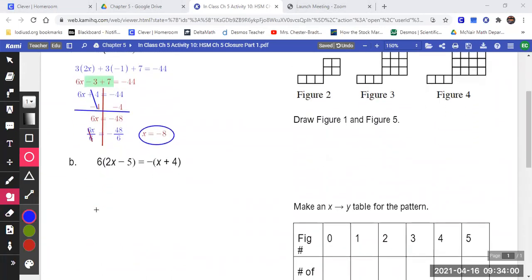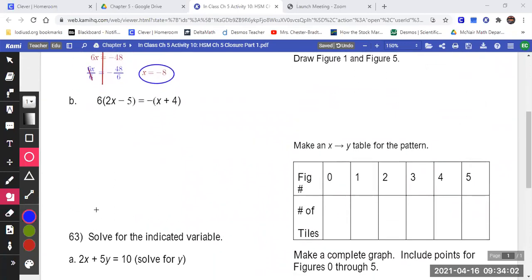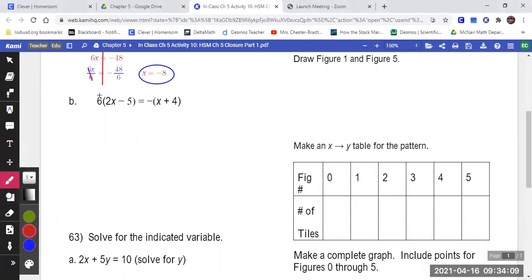All right. Okay, so is this one drastically different? No, it just has 2 parentheses. The process is the same, right? We have to show our distribution for both of them.